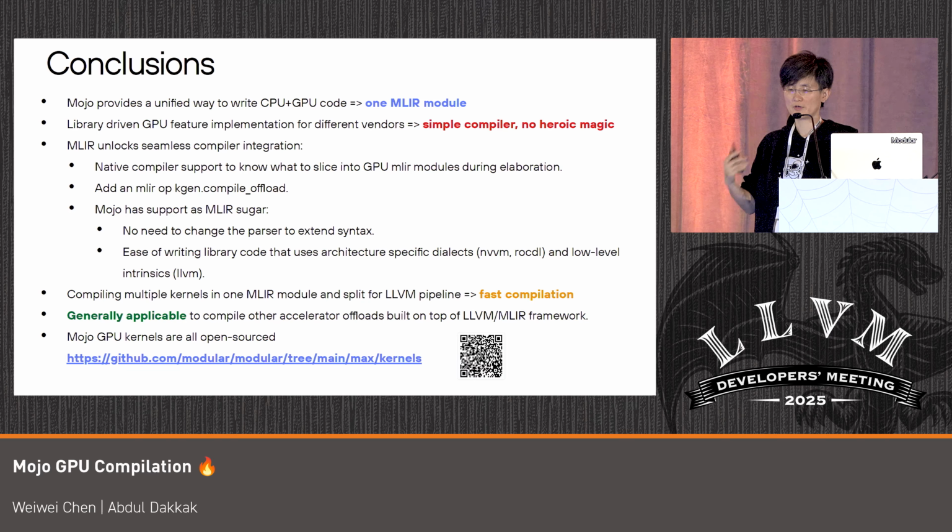MLIR is very helpful here for seamless compiler integration, because we can just add different ops to extend the capability of the compiler. We do not have to change the parser of the language. We can also use upstream dialects like NVVM, ROCDL, and LLVM, plugging them directly into the library, because Mojo is also a syntax shell for MLIR dialects.